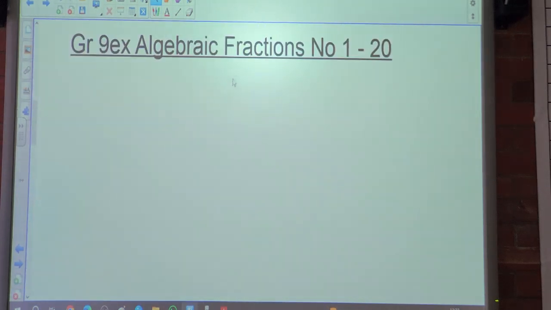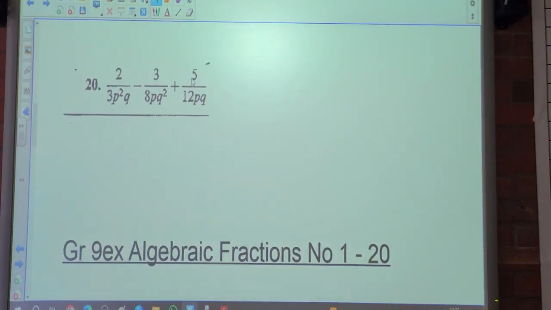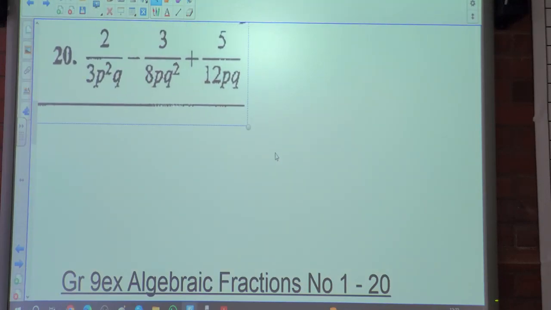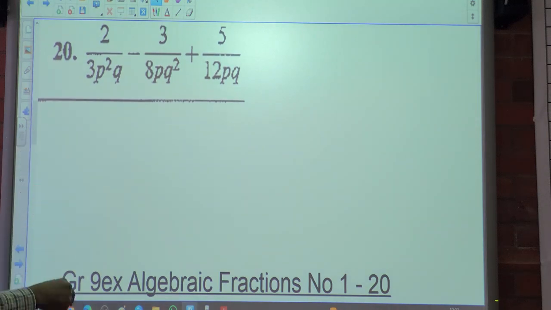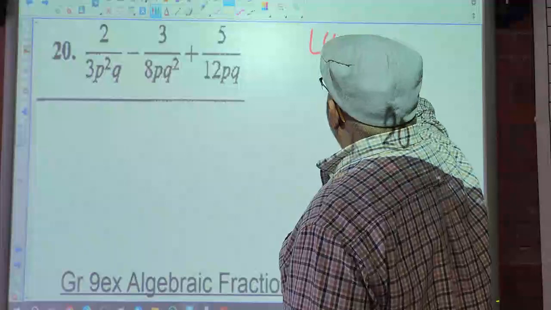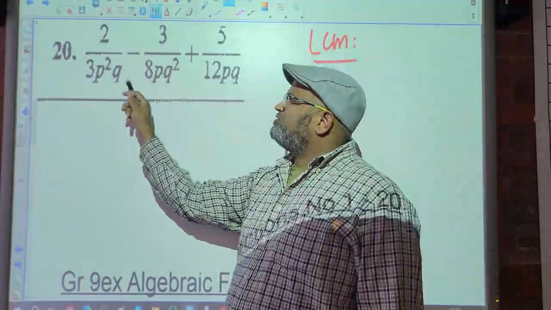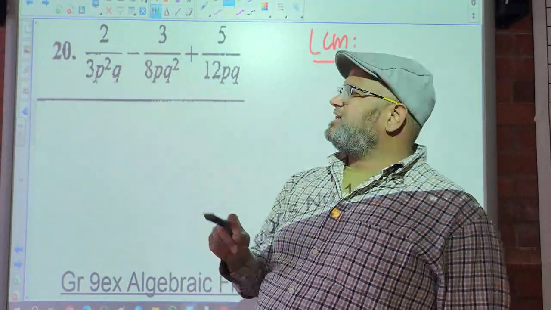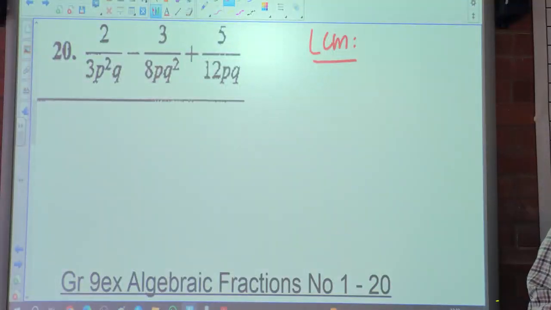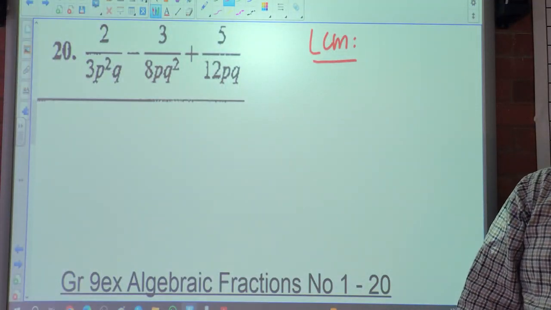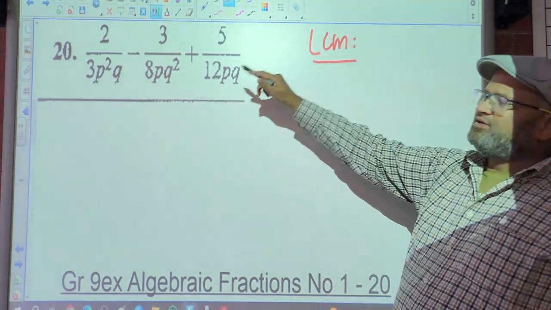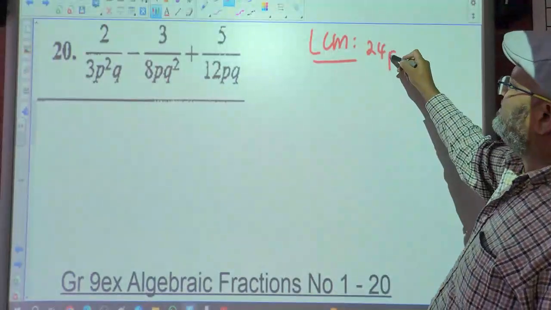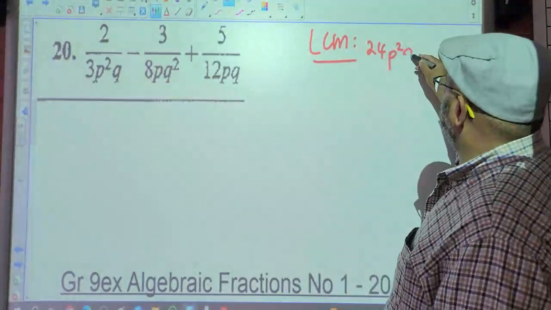And the last one, of course. What's your LCM here? For the numbers, you've got 3, 8 and 12. What's the LCM between 3 and 8? What number do 3 and 8 go into without a remainder? 24. And 12 and 24? 24 is of course the LCM. p squared, p and p? p squared. q squared, q?